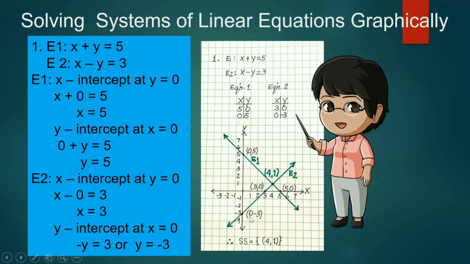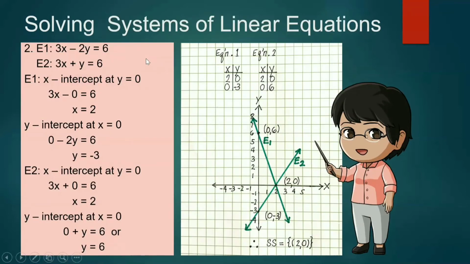Then we locate these points, y-intercept (0, -3), x-intercept (3, 0), and then we find that the two graphs intersect at the point (4, 1), and this is the solution to the system of linear equations in two unknowns. So the solution set is the ordered pair (4, 1).